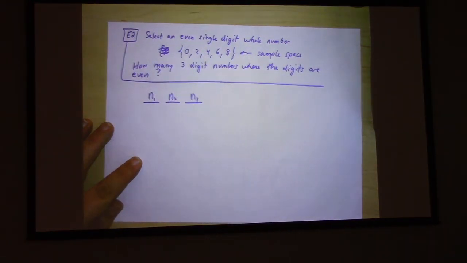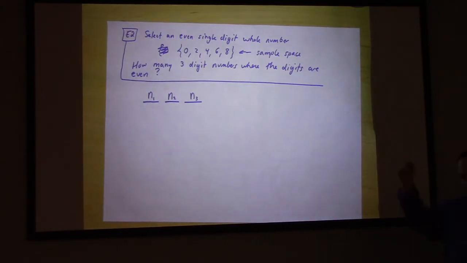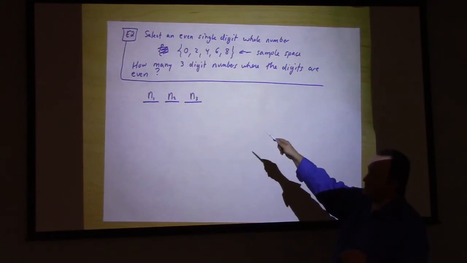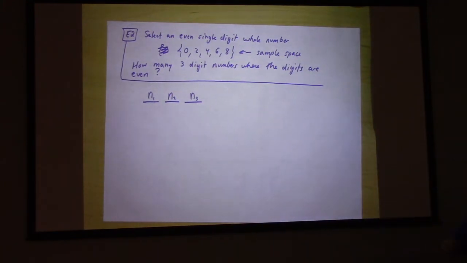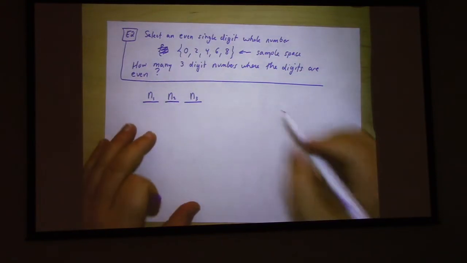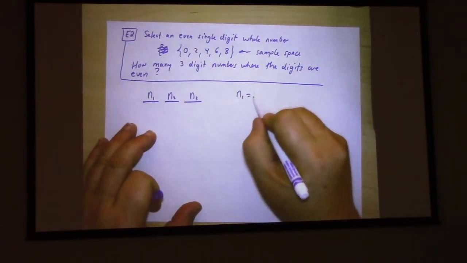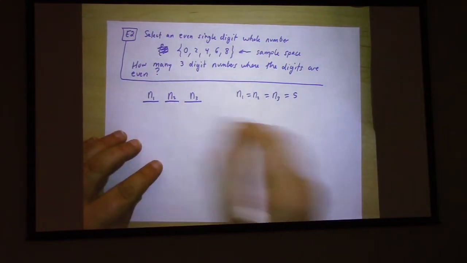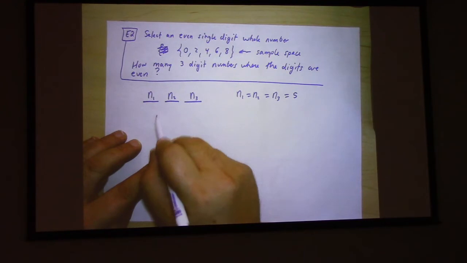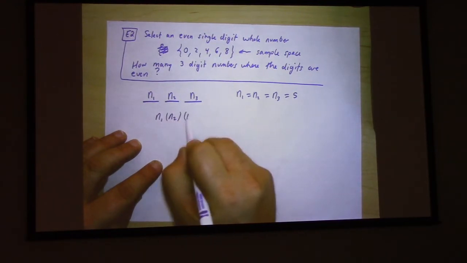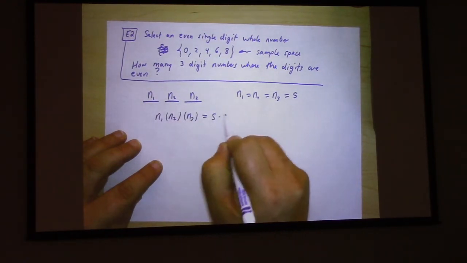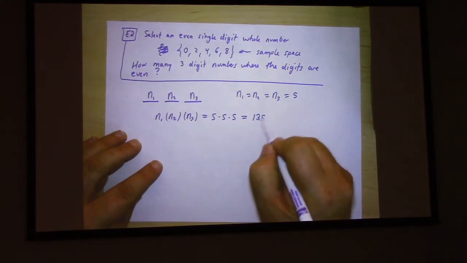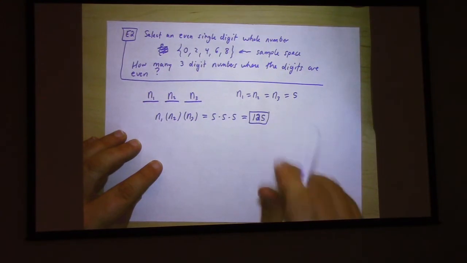Each time I'm picking an even number from my sample space, so n1, n2, and n3 are all equal to 5. This gives n1 times n2 times n3, which is 5 times 5 times 5. That's 5 times 25, which is 125. There are 125 possible such numbers.